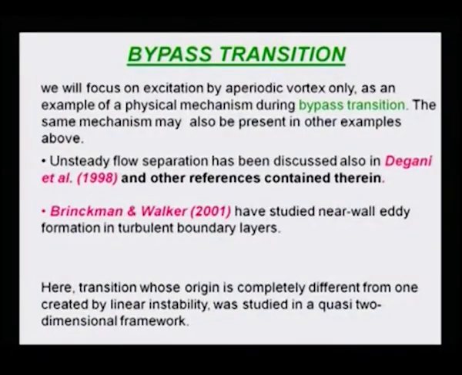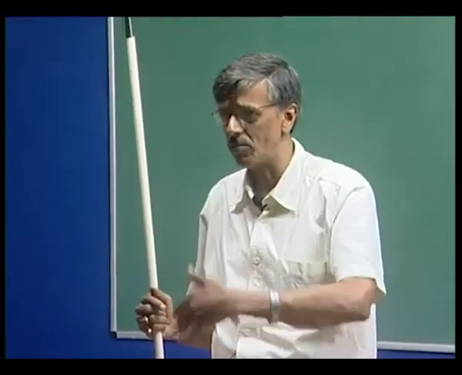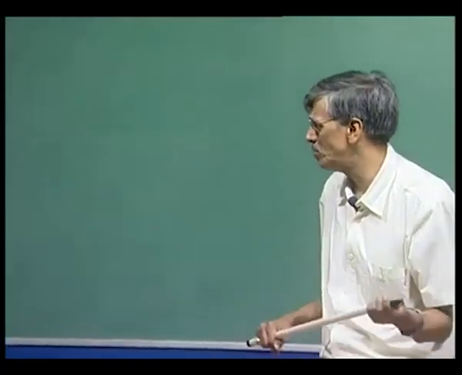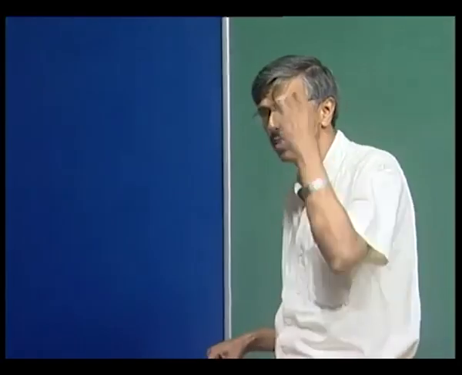Brinkman and Walker did similar studies where they tried to see how eddies or vortices form near the wall inside a turbulent boundary layer. So what you do is you look at the spanwise plane, the YZ plane. Suppose the flow is in the x direction. In the YZ plane, you postulate the existence of a stream function and you solve the stream function vorticity equation.